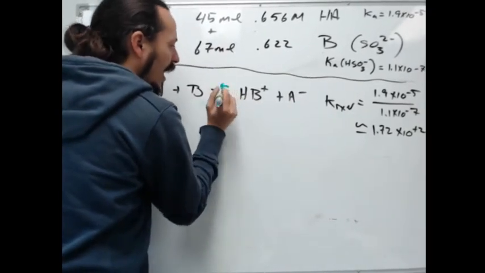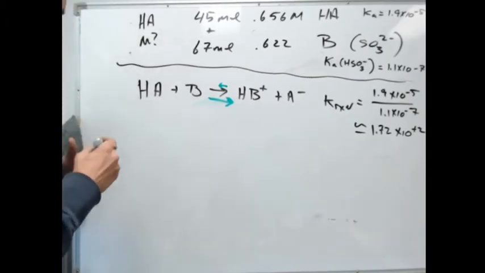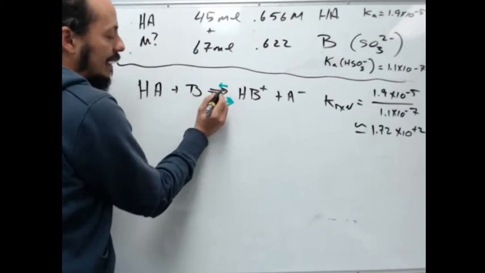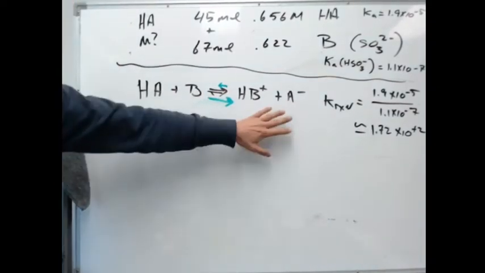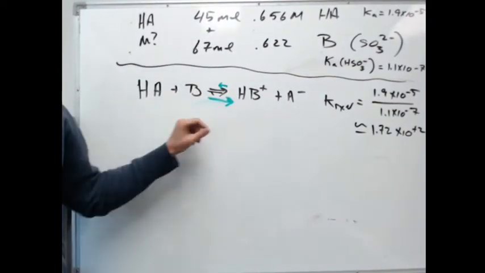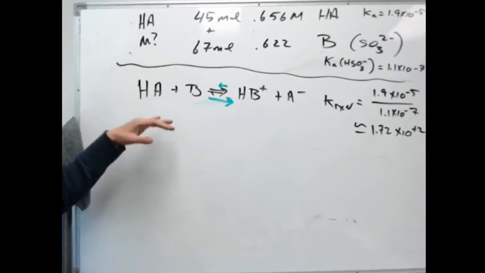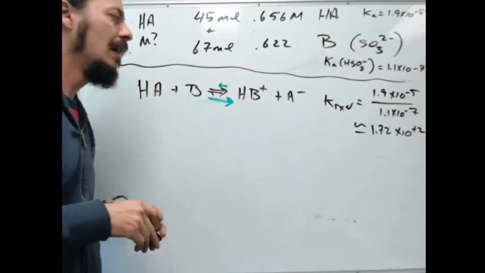Not just a small amount, but a significant amount, with a small but significant amount towards reactants. I want about 200 times more products than reactants. It's significant, but it's a non-zero value for this.